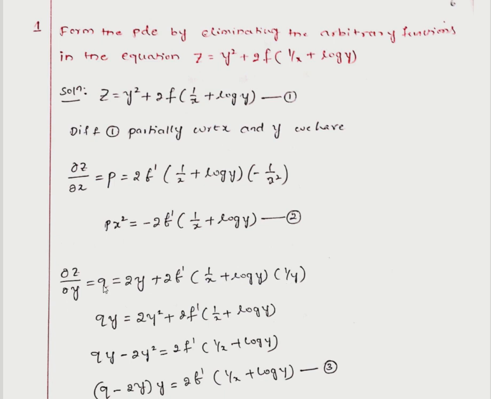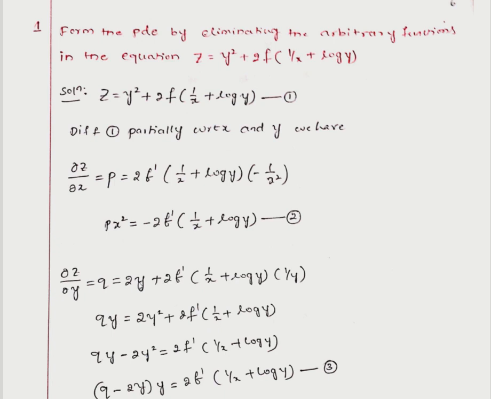Therefore, q is equal to, take y as the LCM. Y into 2y is 2y square, plus 2 into f dash of 1 by x plus log y, whole divided by y. Cross multiply y. Therefore y into q is qy.